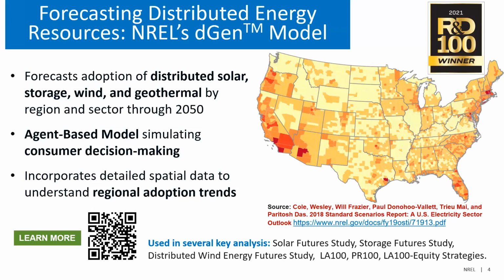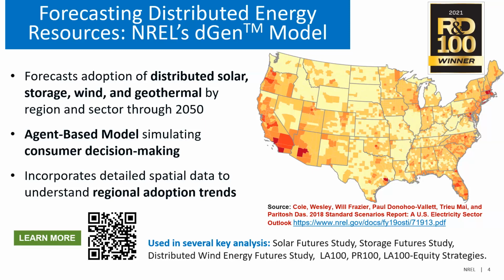We have deliberately set this up as an agent-based model because it gives us a lot of flexibility in terms of data, in terms of understanding various regional and spatial trends as we move to more sophisticated modeling of their decisions and behavior in these consumer decisions about moving with one technology or the other.